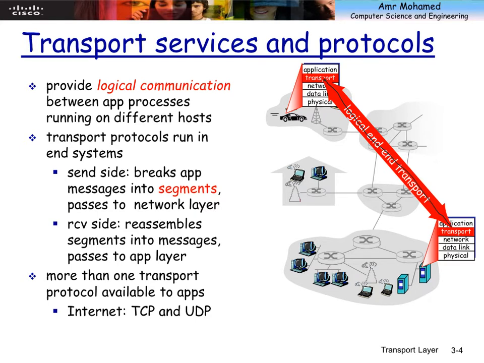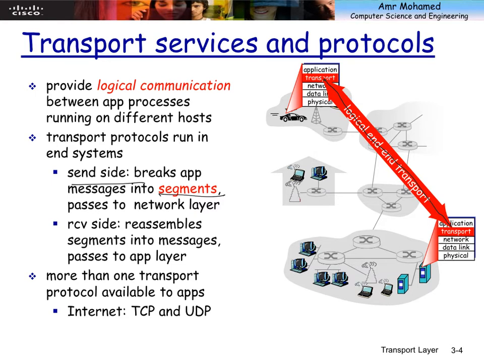Particularly, the transport layer protocols divide the application information into segments. These segments get sent through these application endpoints, which are represented in the network by the concept of sockets.